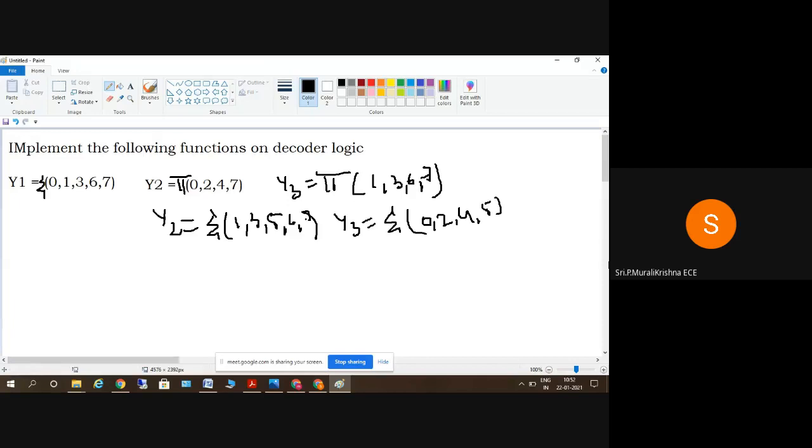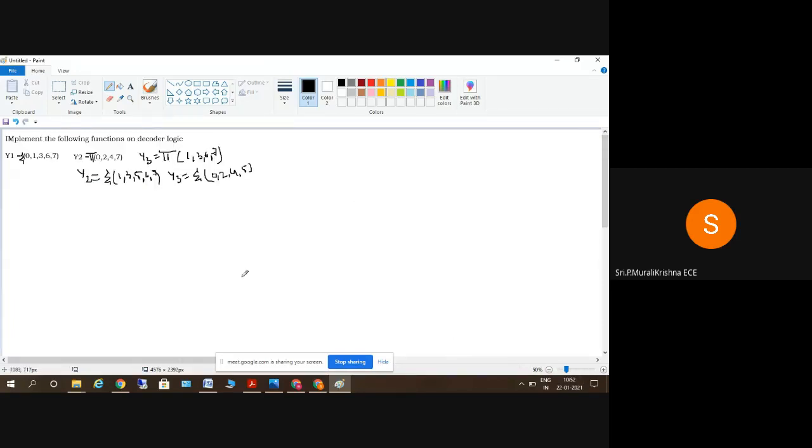So a decoder is a minterm generator. Draw the diagram. Three inputs, because it is a 3 to 8 decoder.